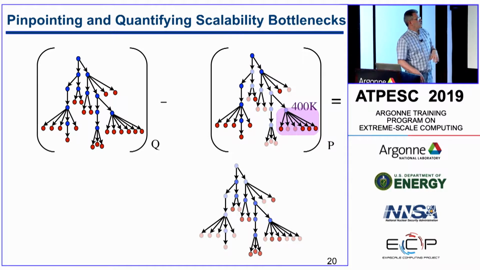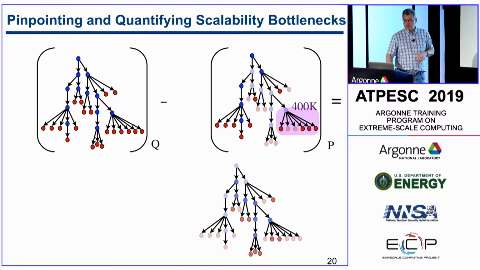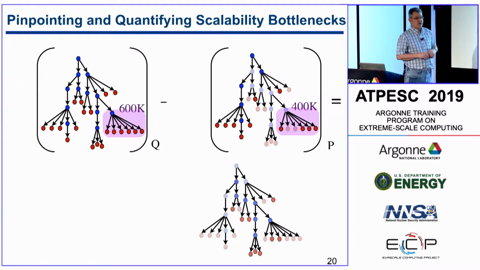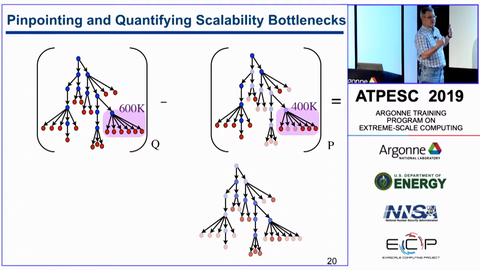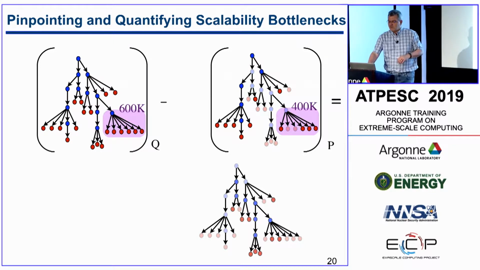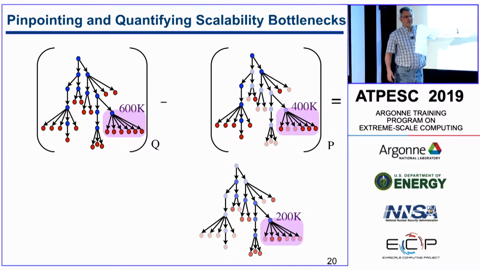Let's say we spent 400K units of time in the part of the calling context tree that represents the solver. And then when we ran it on a larger ensemble, we spent 600K units of time. If we're strong scaling, then we expect these times to be exactly the same. That's our hope. But as you add more cores, they're dividing up the work more finely, there's more overhead and whatnot. So we take the difference, and this is wasted effort.